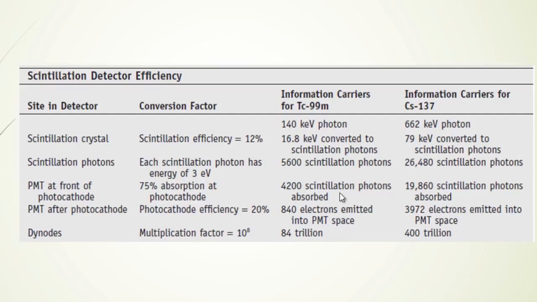And if you consider a multiplication factor of 10 to the power 8 for the diodes, then the number of electrons that we get at the anode is about 400 trillion. And if you multiply that by the charge of an electron, that is 1.6 into 10 to the power minus 19 coulombs, then you get a very small amount of charge.